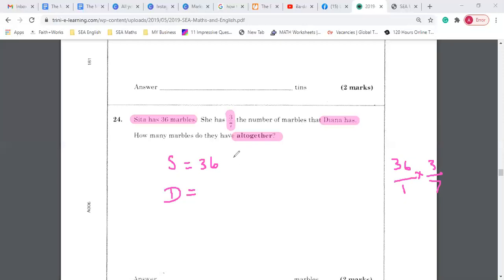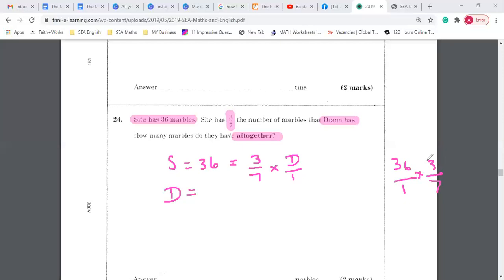That 36 is 3/7 of, I'll use D for Diana, since it's unknown. So that number 36 represents 3/7 multiplied by D. But since we don't know the whole, we only know the part, we are going to have to flip the fraction, right?